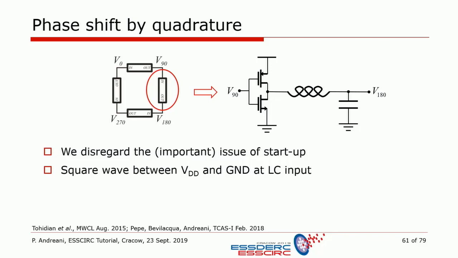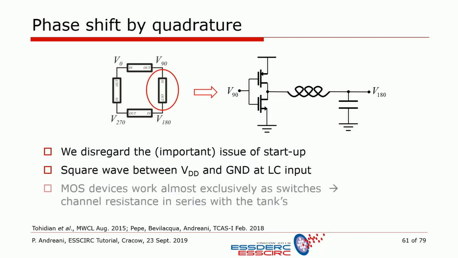Typically, we have a square wave between VDD and ground. And in this case, the MOS devices work almost always as switches. Okay, almost always. So the channel resistance is directly in series with the total tank resistance. And already here you can understand why this is not so easy to make work.